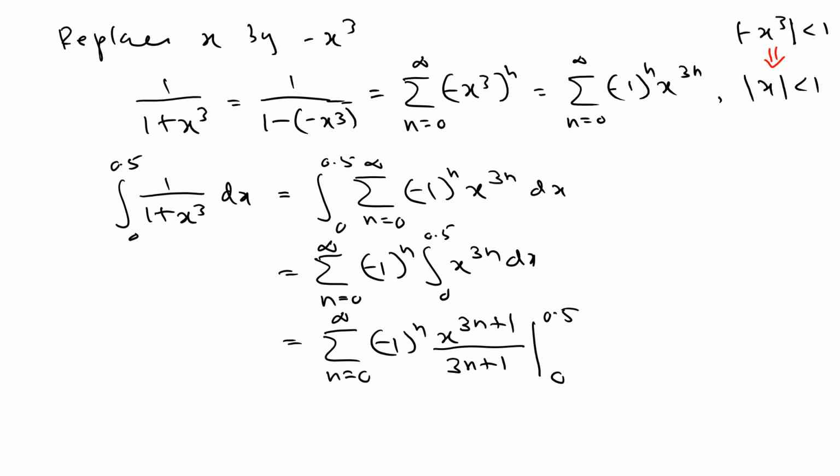So if you plug in 0, it is 0, and if you plug in 0.5, you end up getting the sum from n equals 0 to infinity of (-1)^n over 3n plus 1 times 0.5 to the 3n plus 1. 0.5 means 1/2, so we can write this as 1 over 2 to the 3n plus 1.